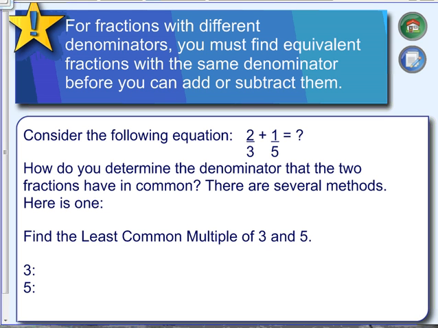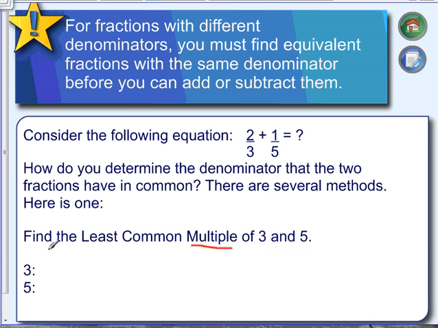Now, if you recall from some of our previous videos, we talked about what a multiple was and specifically what a least common multiple was. First off, let's talk about what a multiple is. A multiple is something you count up by that number.